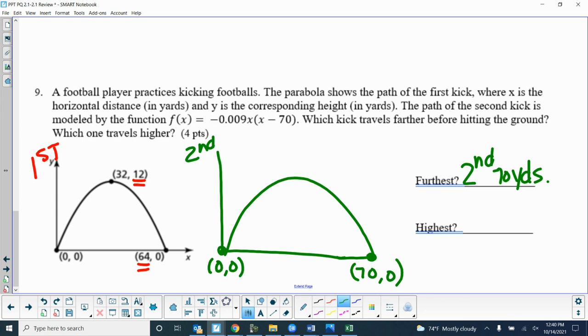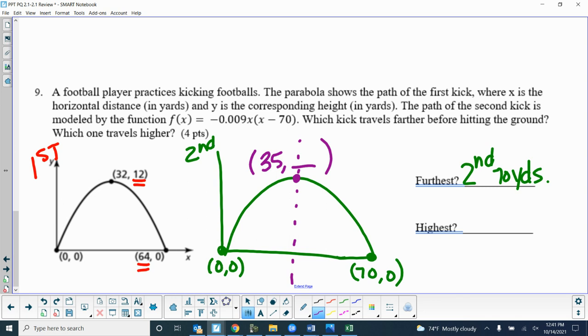All right. Highest. Well, I know how high the first one went. How do I figure out how high the second one went? Nate? Find the vertex again. Okay? So, what's halfway between? What's the x value? 35 for x, right? So how do I find the y? Plug it in.